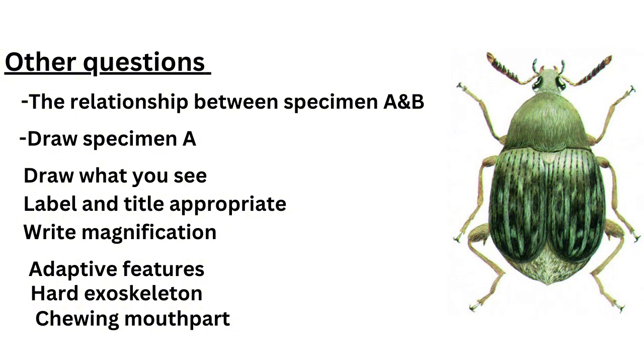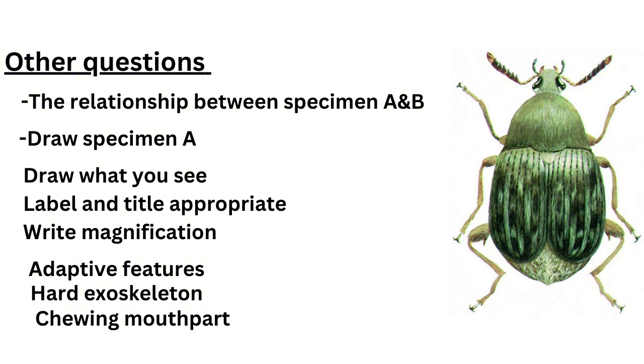Other questions can include the relationship between specimen A and B. So what's the relationship between the bean weevil and the bean? The bean weevil parasitizes on the bean seed. That's just the relationship. Without the weevils, you wouldn't see the holes. Specimen B is actually bean with holes.